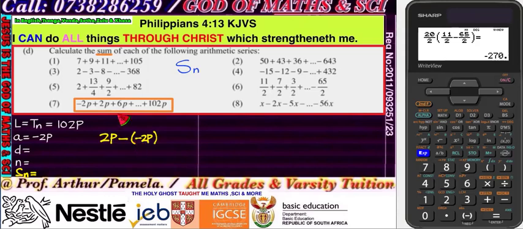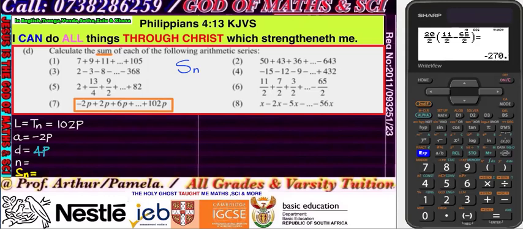Let's try it with the third term, the 6P. If you take 6P minus the second term, which is 2P, it confirms it is 4P. So now we know the common difference is 4 multiplied by the P. That's what it is.